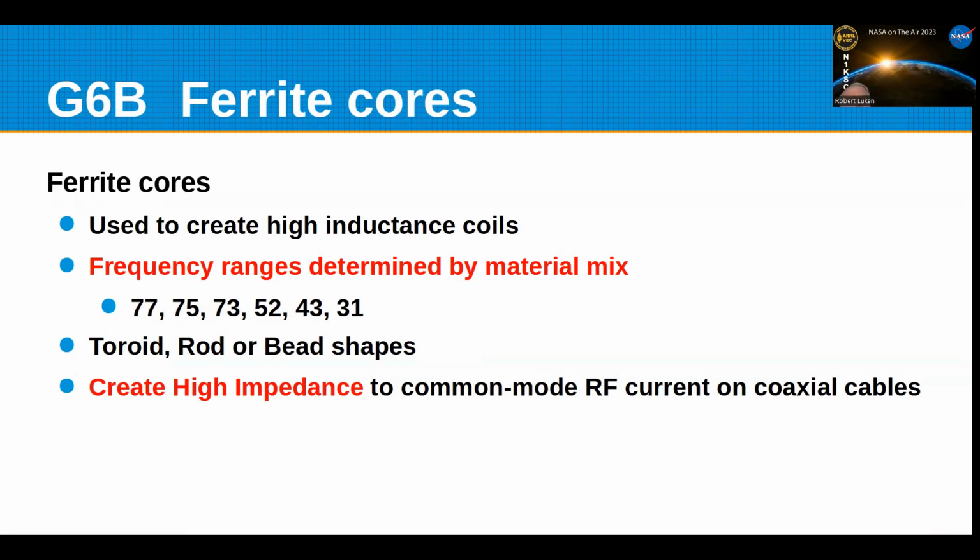I think 31 is probably the most popular one for VHF, HF ranges, especially HF. It works, I believe, from like 1 up to 300 megahertz or not? There's a chart coming up.